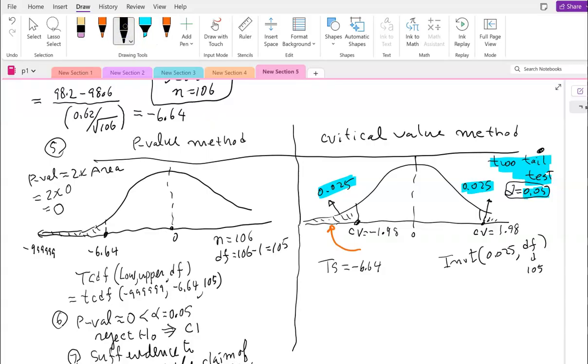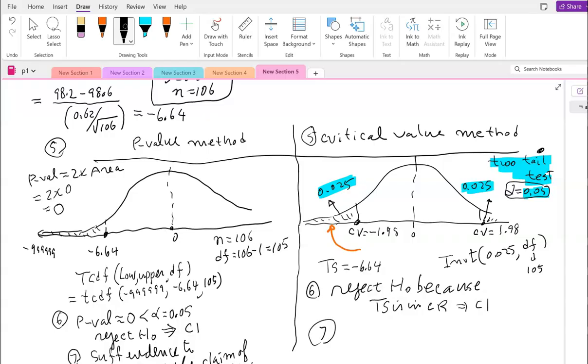So this is case 1, and case 1 is the same. You have to state the same thing here. Okay, all right, that's it for this lesson.